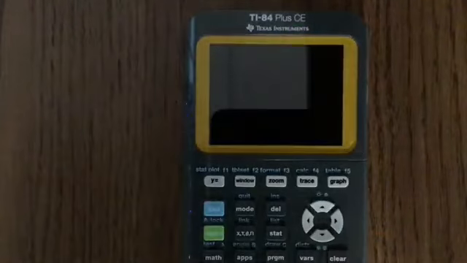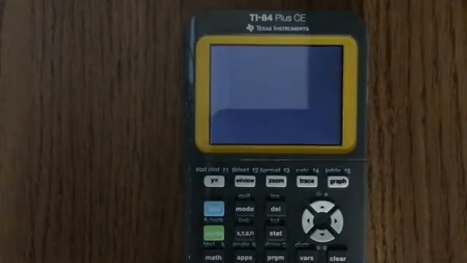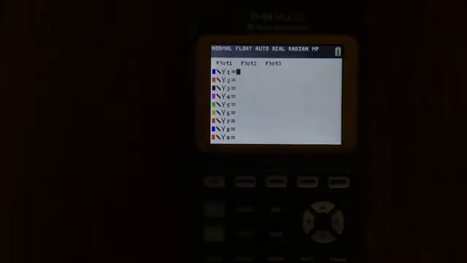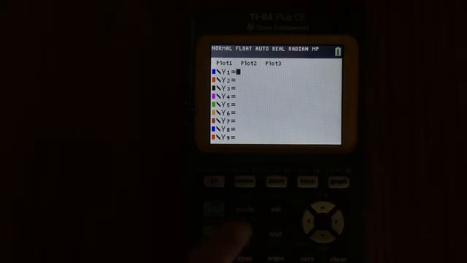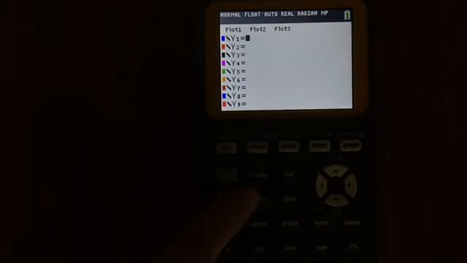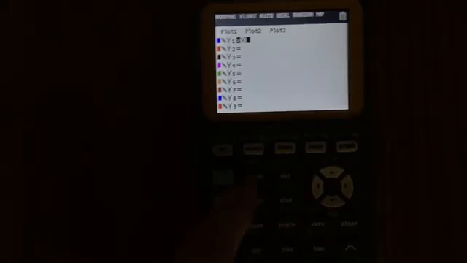All right, now that we have our calculator, we need to turn it on, and then we can go to the y equals button. When we are here, we need to plug in the equation of our polynomial. So I'm going to hit this special x button here. You'll notice it says x, t, something called theta, and then n. You'll hit that, and then to get the little exponent, you'll hit this caret button.